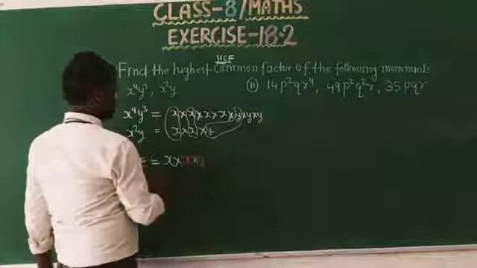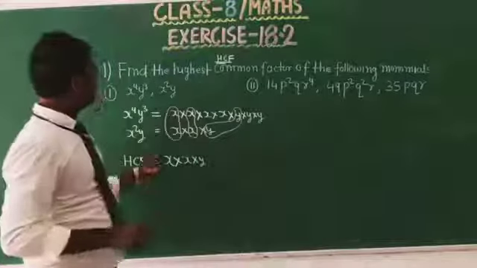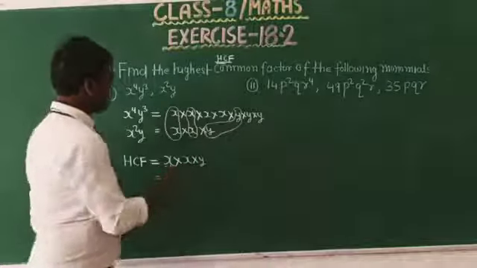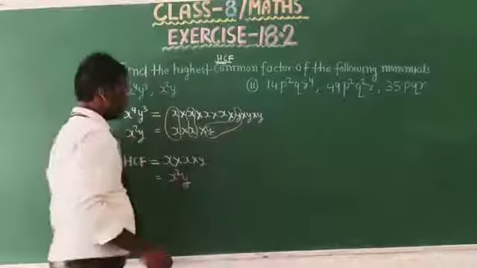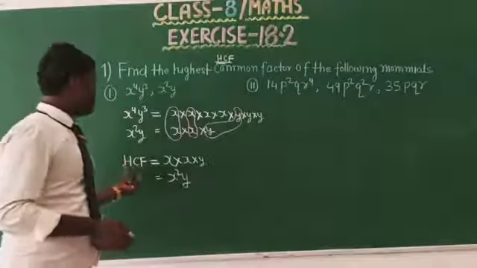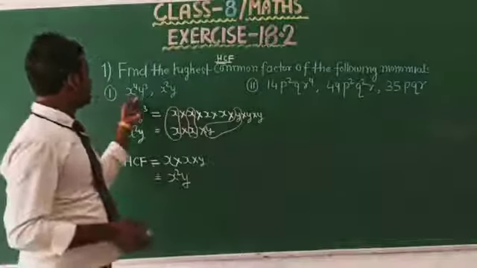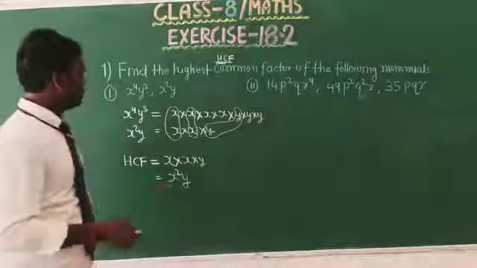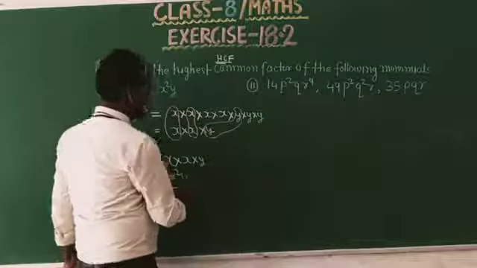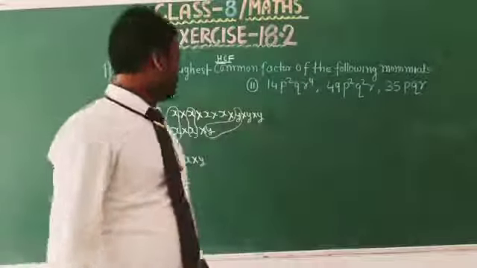Okay, and factorization is taking the product, so this will be x square y. Okay, so here the highest common factor of x to the power 4 y to the power 3 and x square y square is x square y square. Okay, this is the answer.